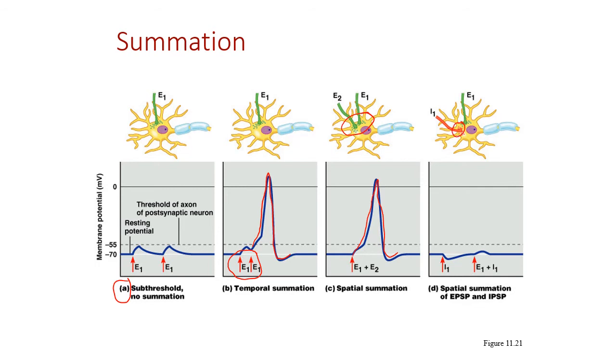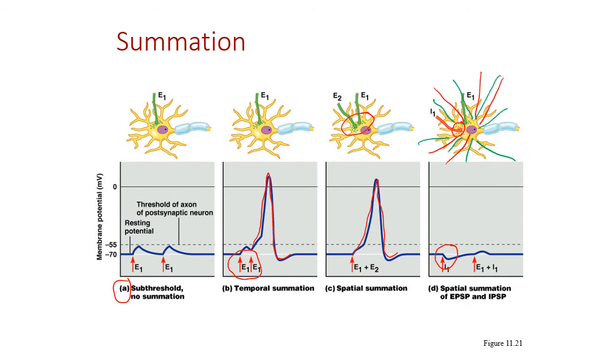IPSPs generate a hyperpolarization, and so it's going to drop us further into the negative as far as the charge goes. But altogether, we've got to add up all of the EPSPs and all of the IPSPs. We can have other neurons coming in here giving us IPSPs, and other neurons coming in here giving us EPSPs.